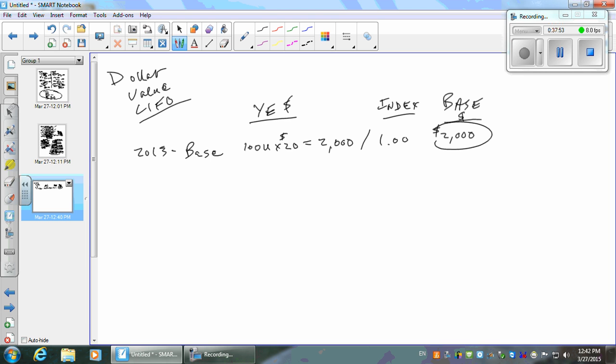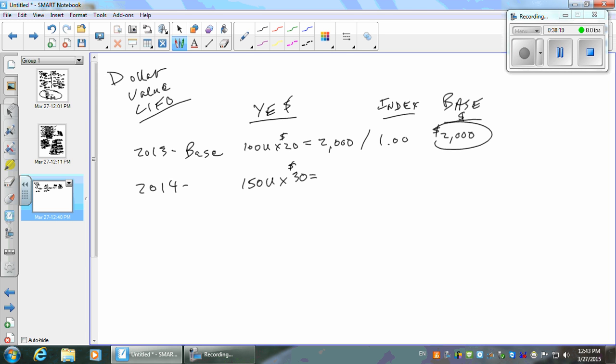So what's my 2014 inventory going to be? It's 150 units at what in year-end dollars? Oh, come on, guys. $30. It said the December 2nd one is what I'd have to pay. So just remember, what you're doing with dollar value LIFO is taking the current cost times the units you have.